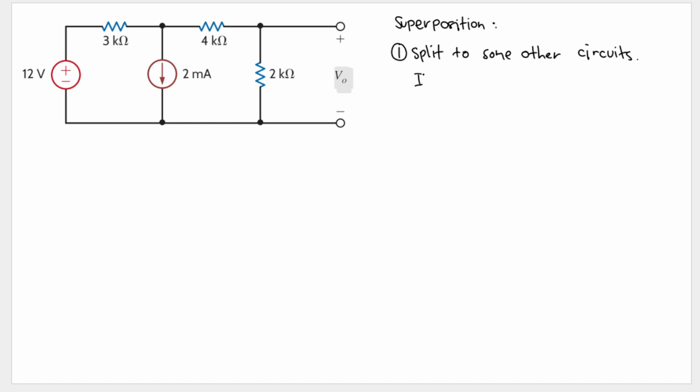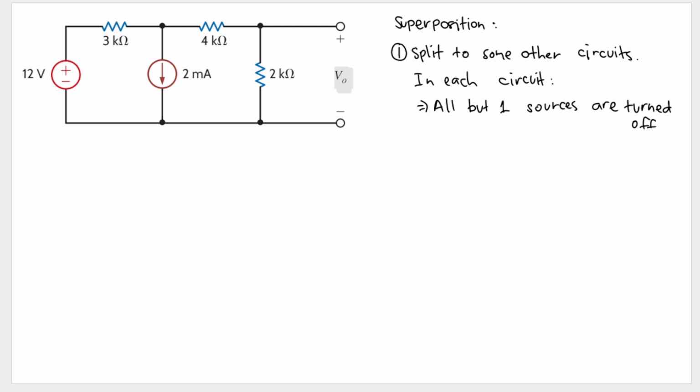In each circuit, all but one source are turned off. Okay. And what does that mean?